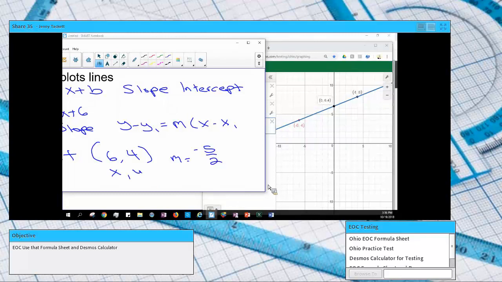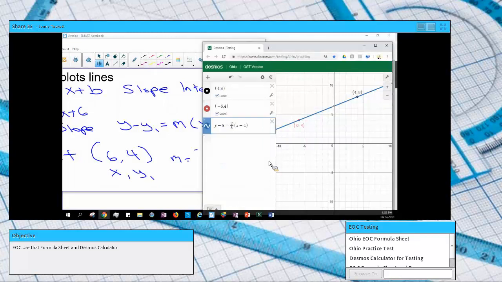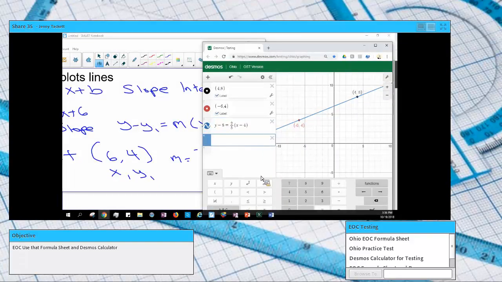Again, here's my x1, y1, and just literally put in y minus 4, equals negative 5/2, parentheses x minus 6.